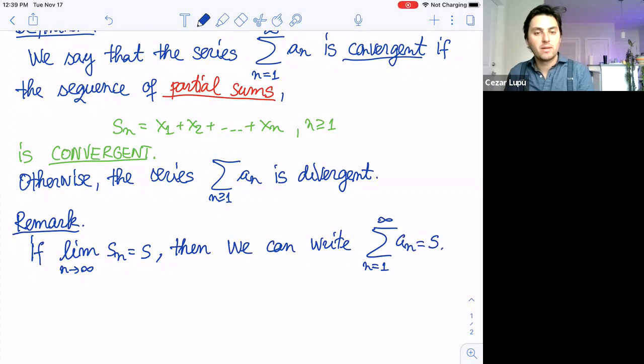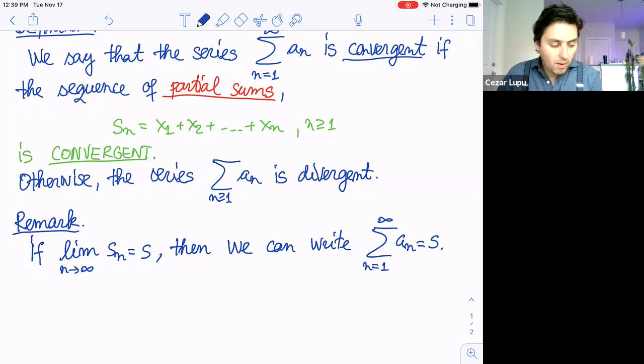So keep that in mind. The limit of the sequence of the partial sums is the sum of the series.